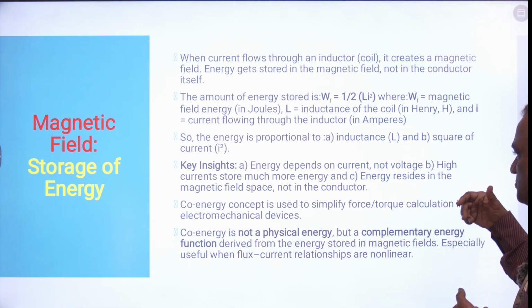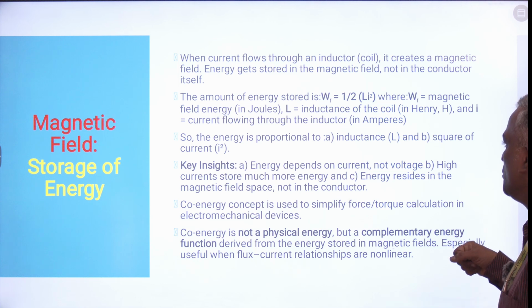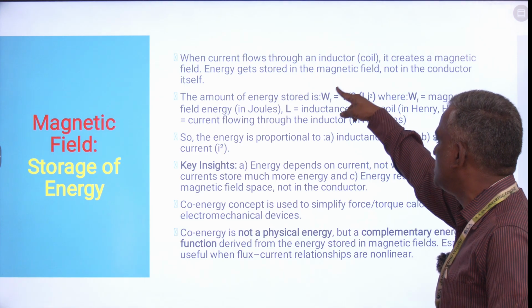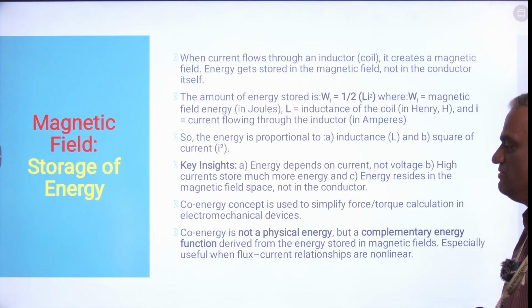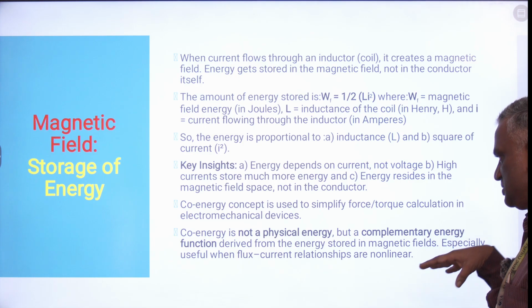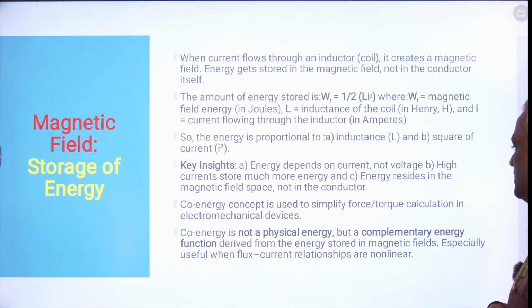Next, when you increase the value of current I, the energy stored in the field will also increase, as both are proportional to each other. Finally, the energy resides in the field space, not in the conductor. That is a very important insight, right?